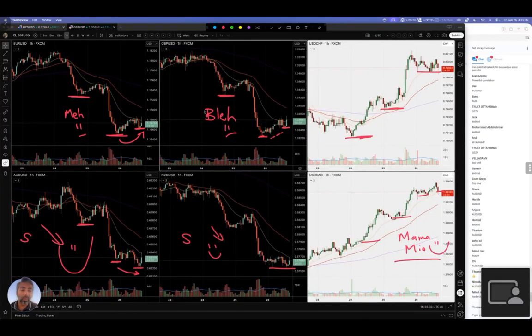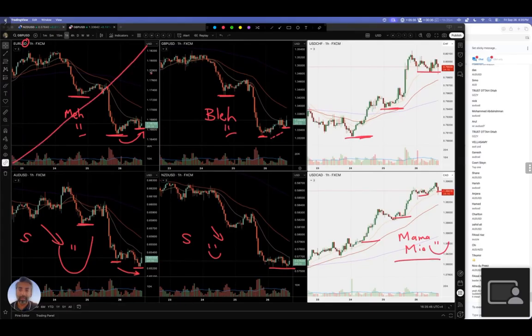So already we can eliminate. If I'm going to sell and do US dollar strength by selling these things, I know I don't want to do the meh and the bleh. I know Aussie seems to be much better at going down, so this looks like a prime candidate. This looks like my second runner-up.